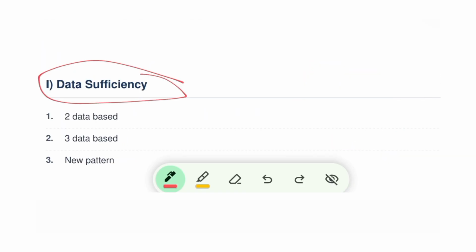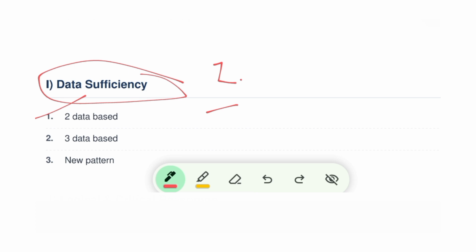And topic 9 is data sufficiency. I can say it is not a topic in itself, but a combination of topics. Firstly, define the subtypes.